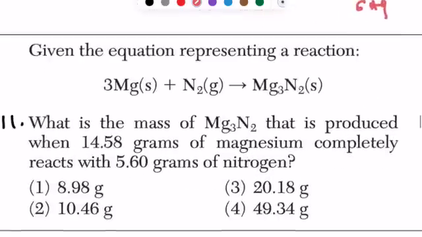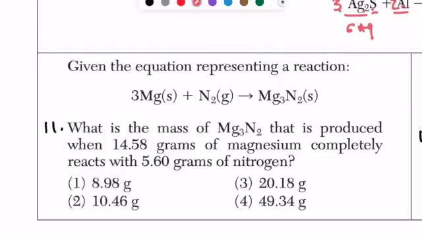What is the mass of magnesium nitride that is produced when 14.58 grams of magnesium completely reacts with 5.6 grams of nitrogen? In this case, all you have to remember is the law of conservation of mass, which means the mass should be the same on both sides. If this is the total mass that you are using, then this should be the total mass that you are producing.